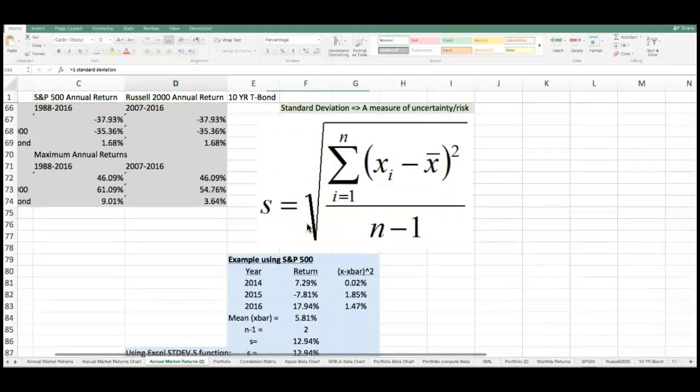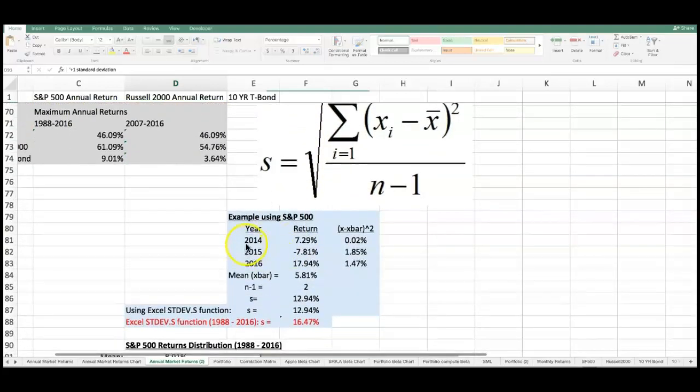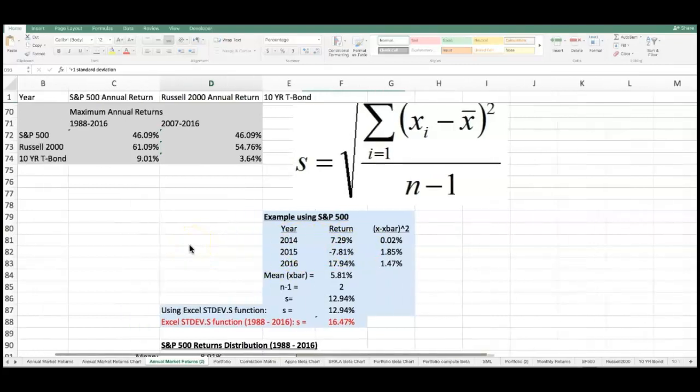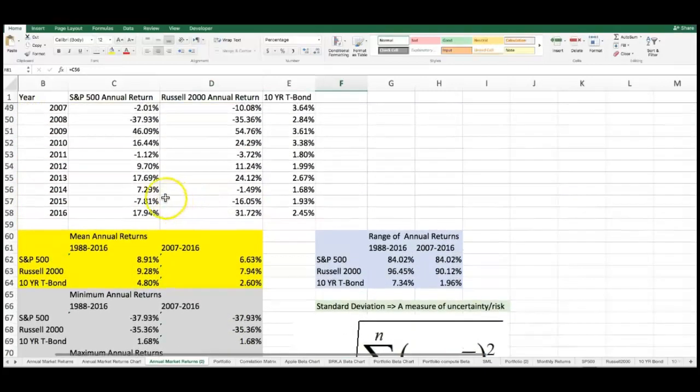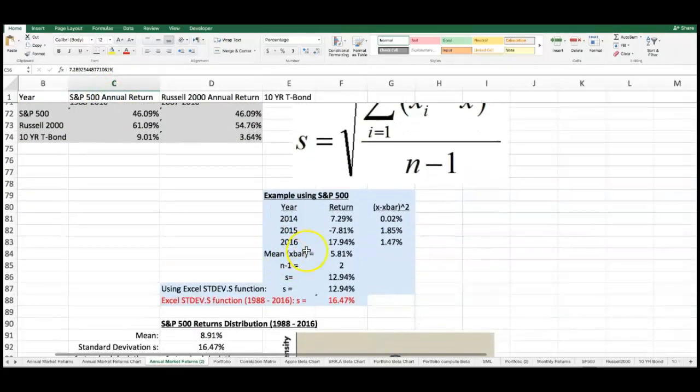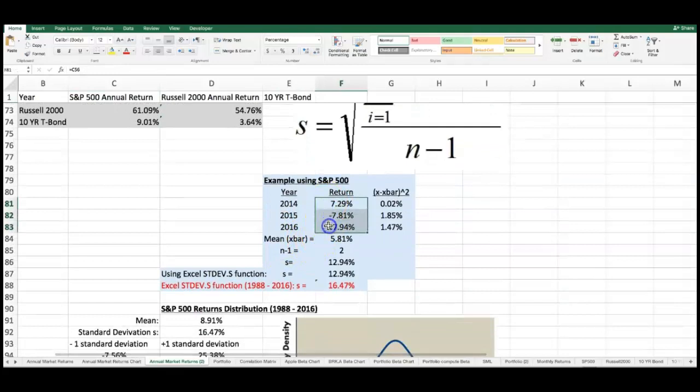So let's work through how this would actually work using our S&P 500. I'm just going to do 3 years here to keep it simple. So if we look at 2014, 2015, and 2016 for the S&P 500 annual returns, you see the returns in each year, such as 7.29% and 17.94%.